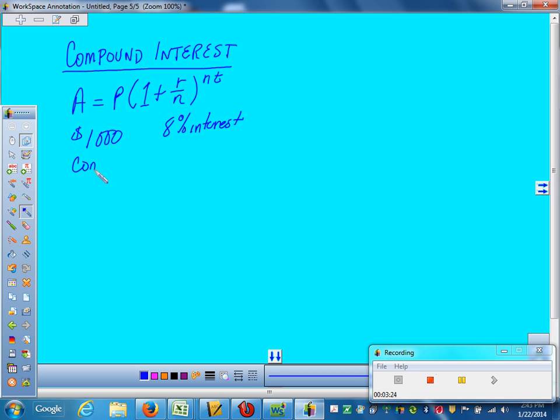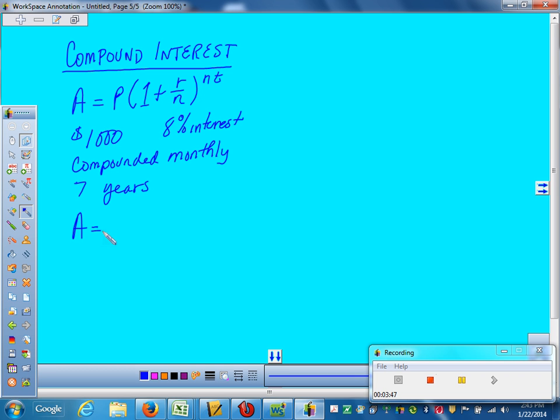Monthly, okay. And then, how many years are you going to leave it in your savings account? 7. Okay, 7 years. So the question is, how much money will you have after 7 years?